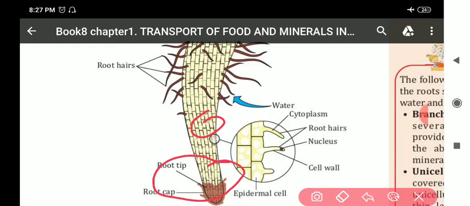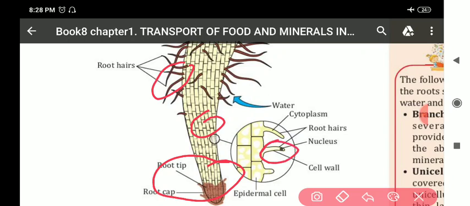And from this root, the root hair arises. You can see here in the diagram, these are the root hairs. They arise from the root. And in a small diagram you can see the epidermal layer. This root hair is an outgrowth from the epidermal layer of the cell.